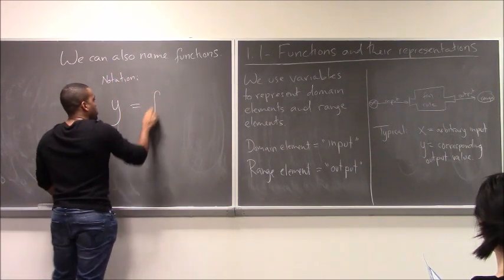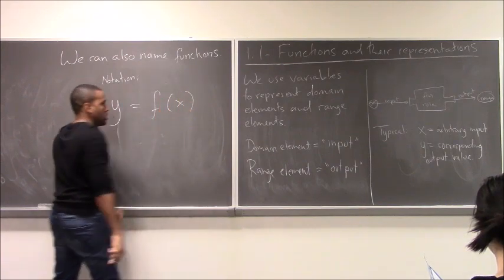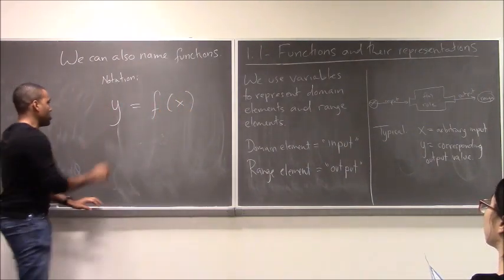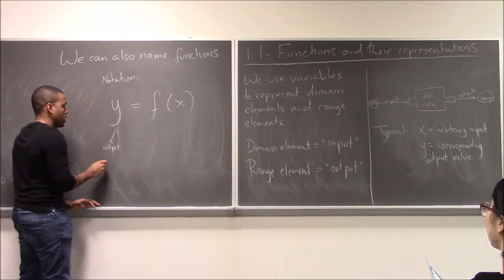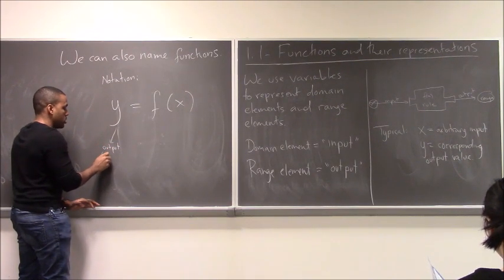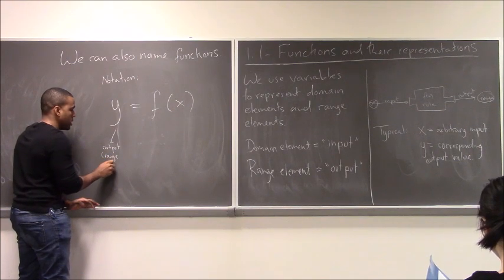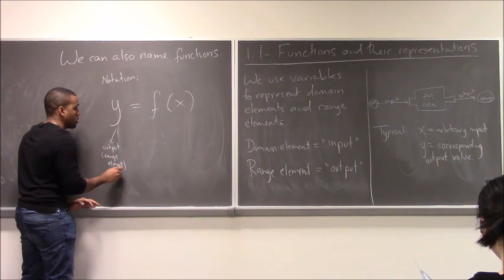Say y equals f of x. Right? So when I write something like that down, my y is the output. It is the range element. It's representing a general range element.